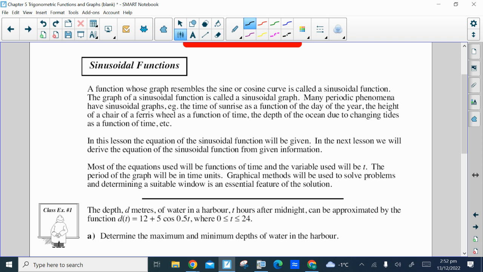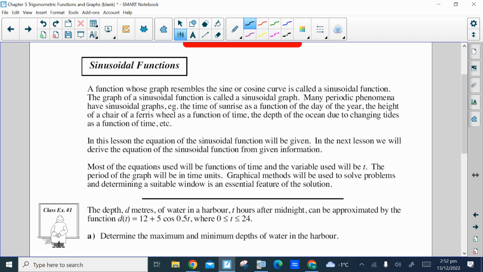Once again, many periodic phenomena have sinusoidal graphs, including the time of sunrise as a function of the day of the year. So if you wrote a table with days 1 to 365, and you copy down the time of sunrise on every day, and you graph that data, it would follow a sinusoidal curve. Same thing with the time of sunset. It would do the same.